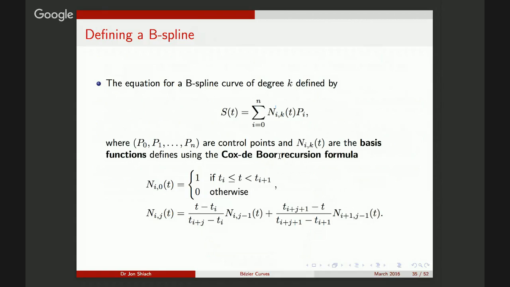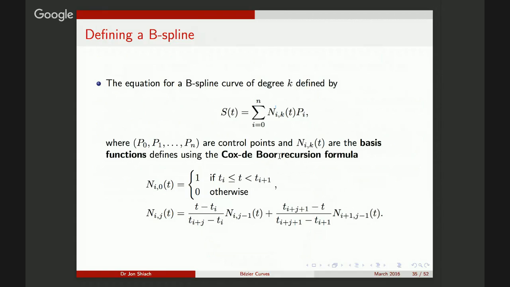Okay, so our basis function, this is the same sort of numbering convention as before. So where j, or in this case k, is 0, that's our first basis functions. So N_i,0, this is basically a switch. It's either on or off, depending on what we call a knot vector, and I'll come to that in a minute.